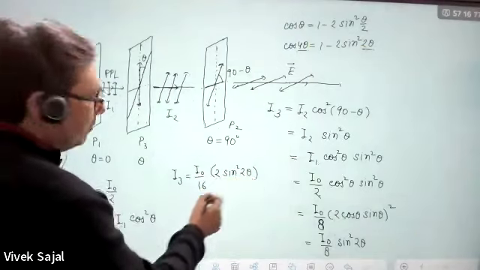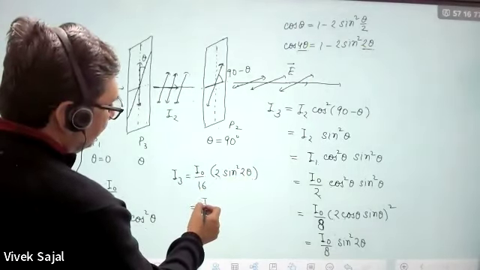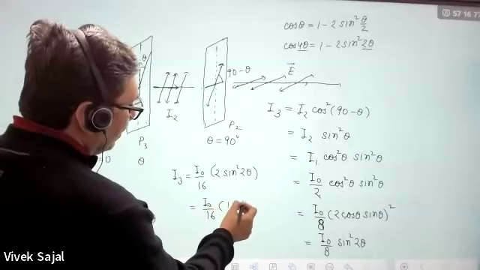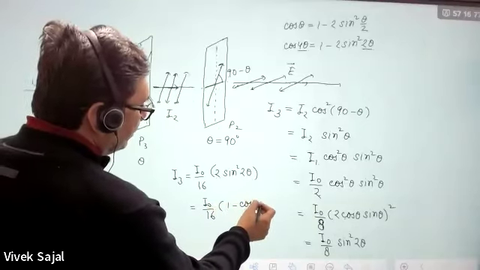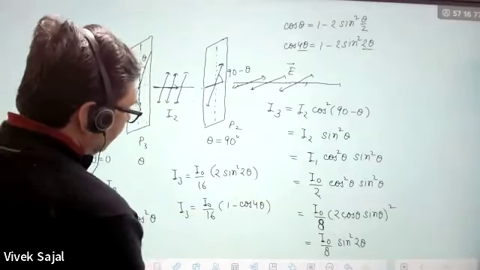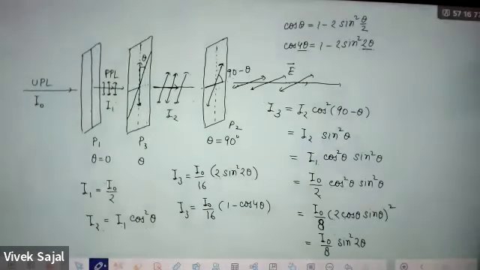So I will write here 1 minus cos 4 theta, and that will be the intensity I3. This is I3. Is it okay?